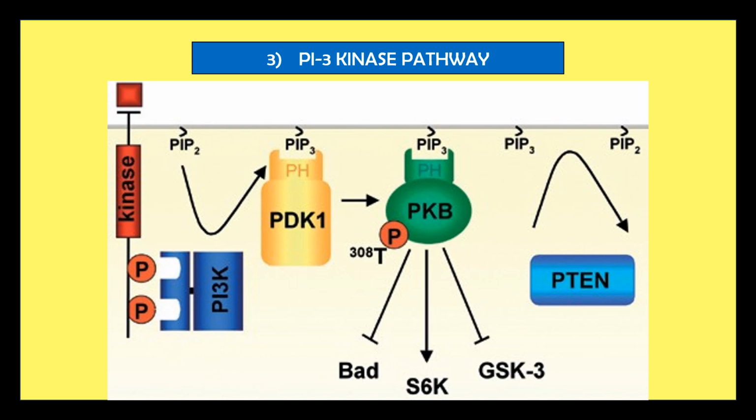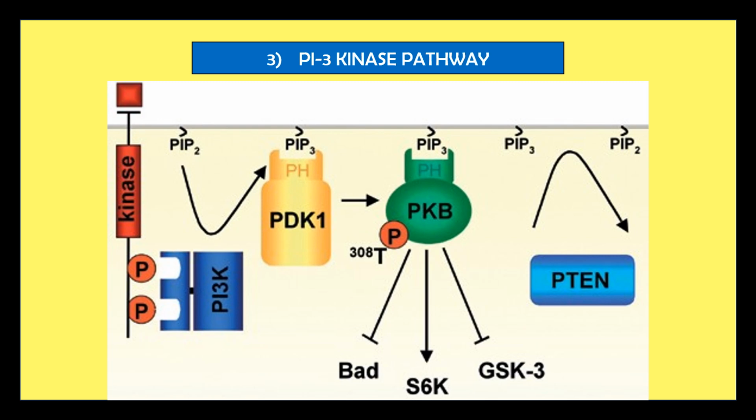The next one is the PI3 kinase pathway. Some activated RTKs also initiate another phosphoinositide pathway, the PI3 kinase pathway. PI3 kinase binds to phosphotyrosine residues in the cytosolic domain of activated RTKs, that is, receptor tyrosine kinases.